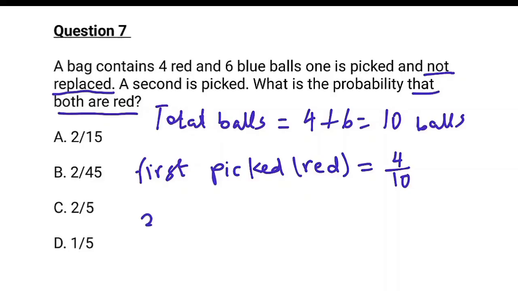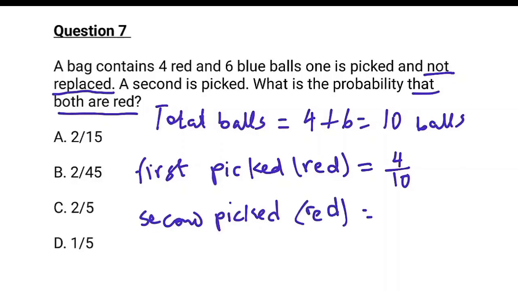Now the second pick is also red. So therefore what will happen here is that the number of red balls will be reduced to 3, and the total number also will be reduced to 9, because the first one was picked without replacement.